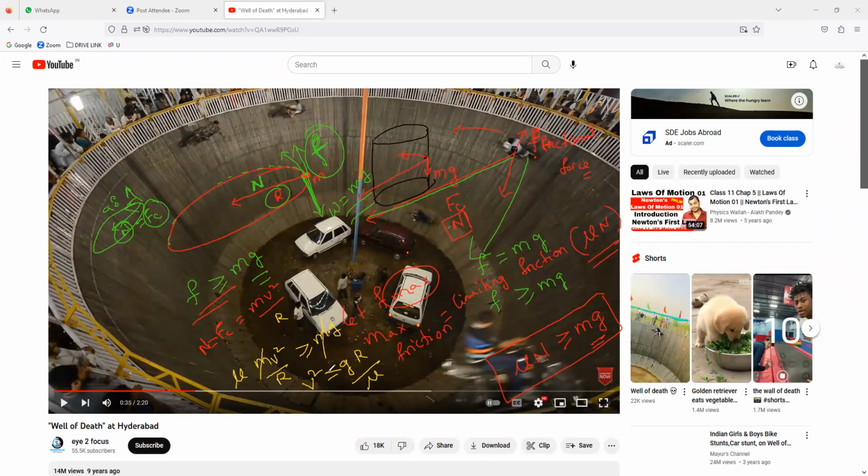Now v is greater than or equal to root over g into r divided by mu. The terminologies and all we will learn in the next chapter, laws of motion. Again we are going to study all these things.